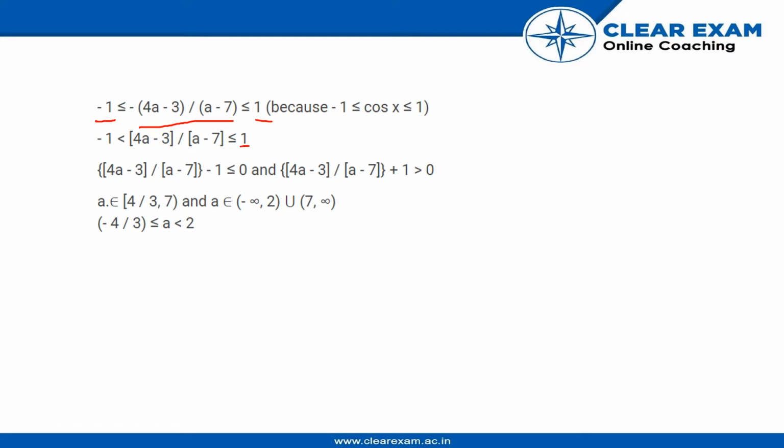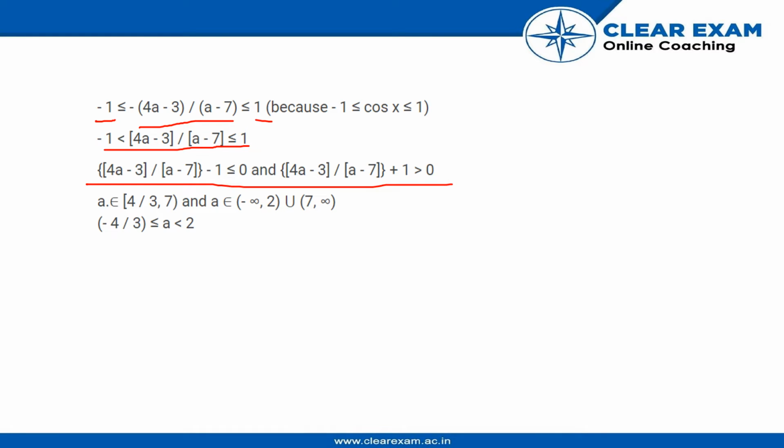Once we know that, we can simplify it further by writing that (4a minus 3) upon (a minus 7) lies between -1 and 1, where -1 and 1 are included. So we use this inequality and we get the term that we are finding.